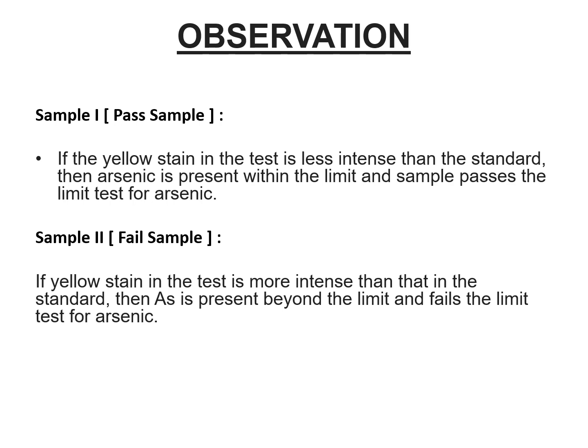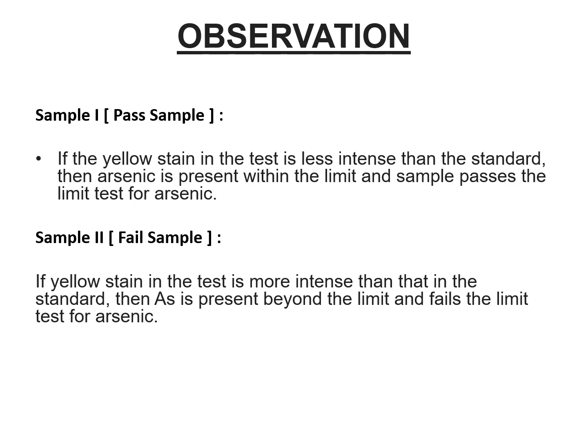In the second case, if the yellow stain in the test is more intense than that of the standard, the arsenic is present beyond the limit and the sample fails the limit test for arsenic. This was the limit test for arsenic.